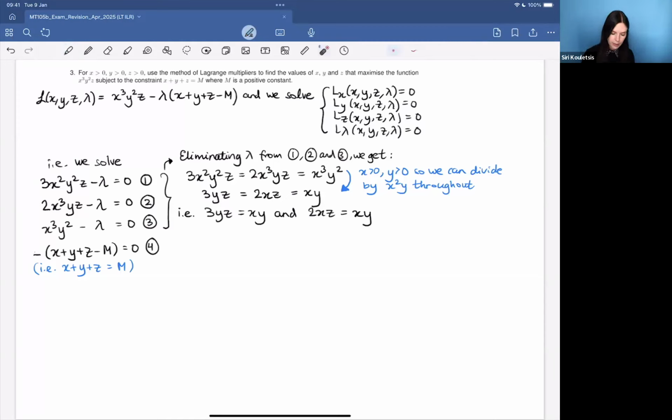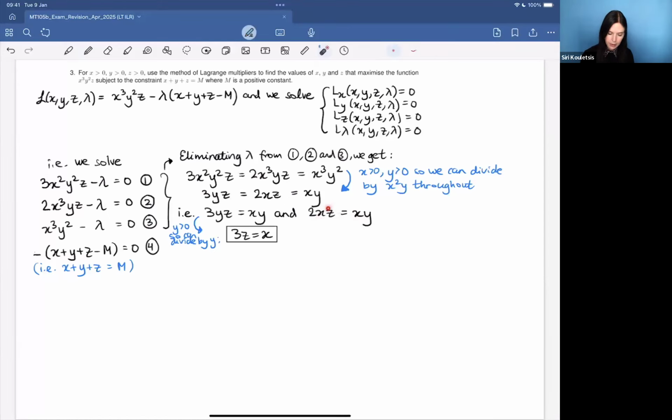And just looking at the first equation, then remember that y is positive, so I'm allowed to divide by y. And that will give us that 3z equals x.